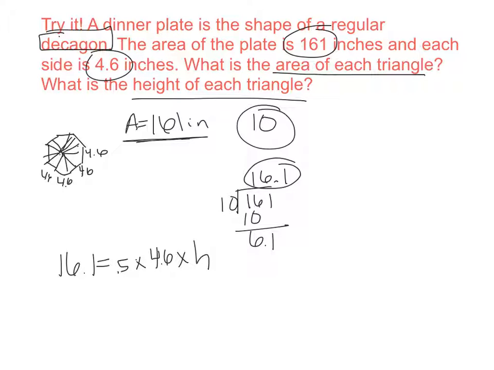So I'm going to do 0.5 times 4.6. I got 2.3, if I move my decimal over.